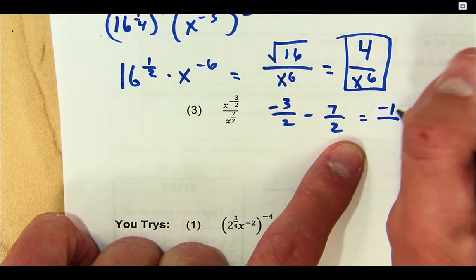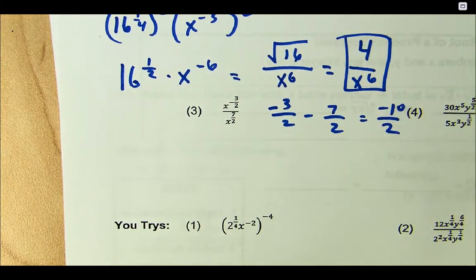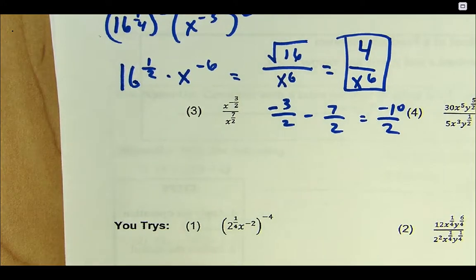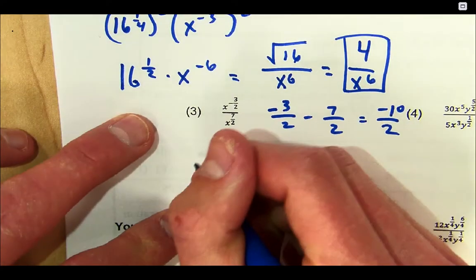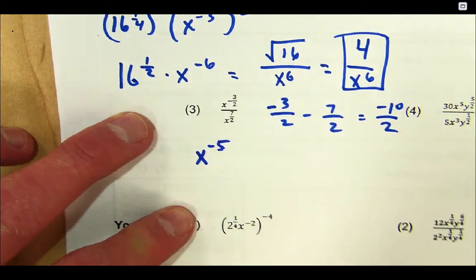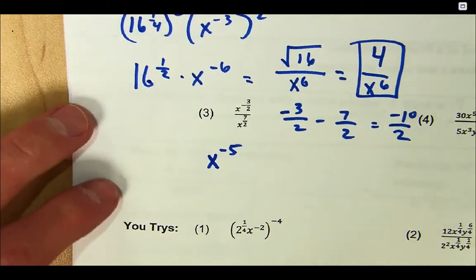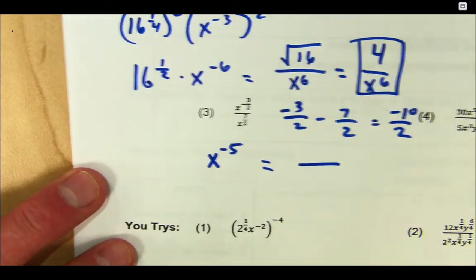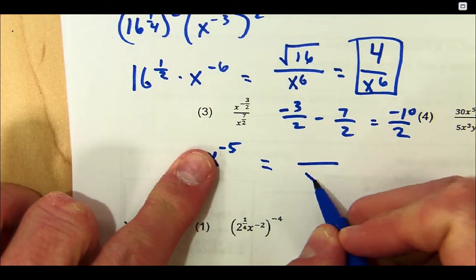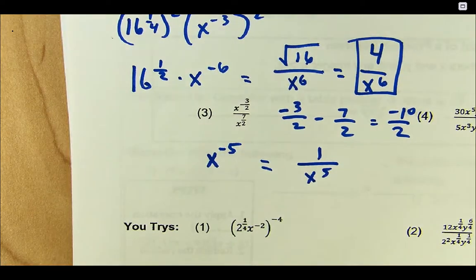Negative 3 minus 7 is negative 10. Keep the denominator of 2. Negative 10 divided by 2 is negative 5. So actually your exponent becomes a negative 5. But since we can't end with negative exponents, you have to make it positive and move it to the denominator.